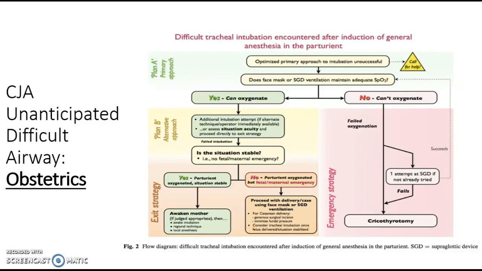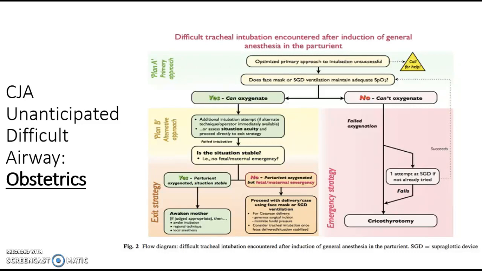For induction of general anesthesia, appropriate patient positioning and pre-oxygenation should occur. And while waiting for the onset of neuromuscular blockade, face mask ventilation can occur with low insufflation pressures of less than 20 centimeters of water.